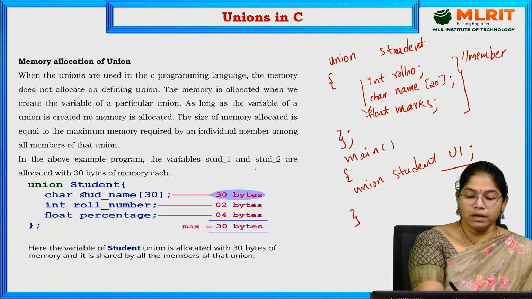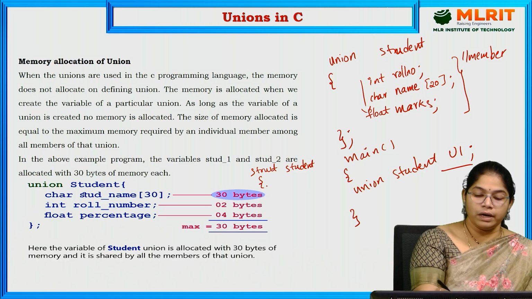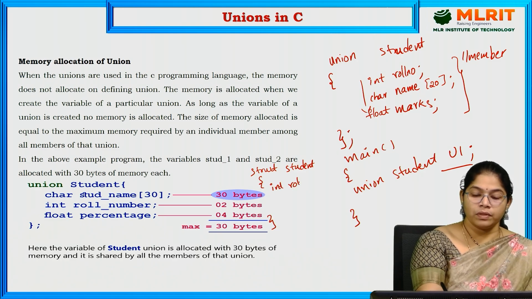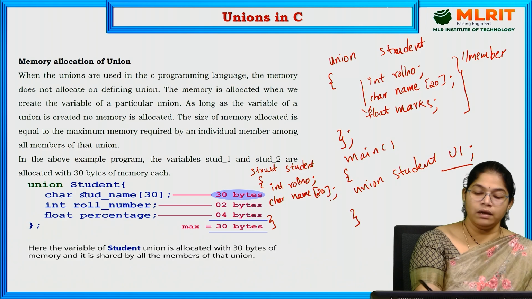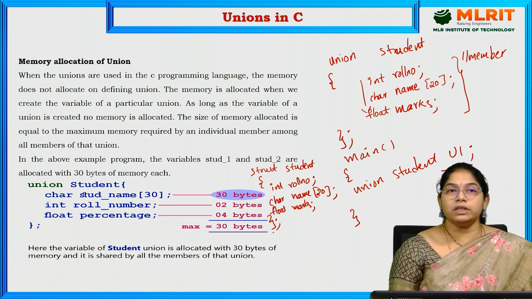If we are writing a structure, struct student, the same example, I am creating a structure: int roll number, char name, which can store 20 characters, then float marks. If a union is also the same as a structure, then what is the difference?